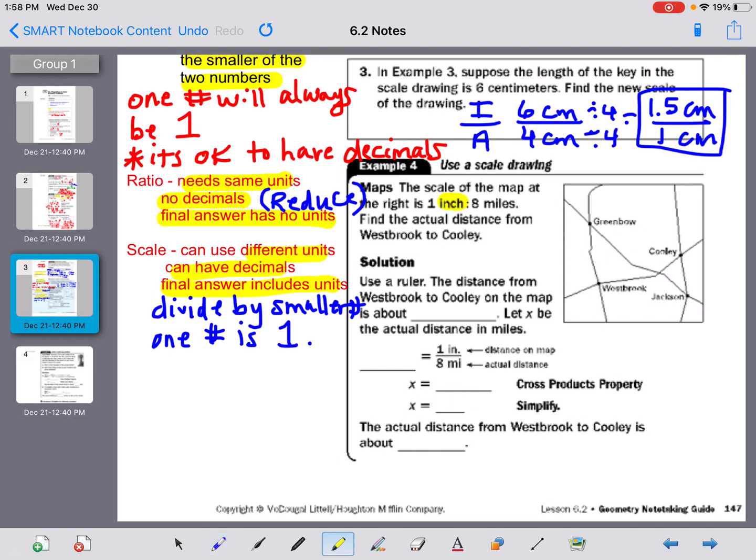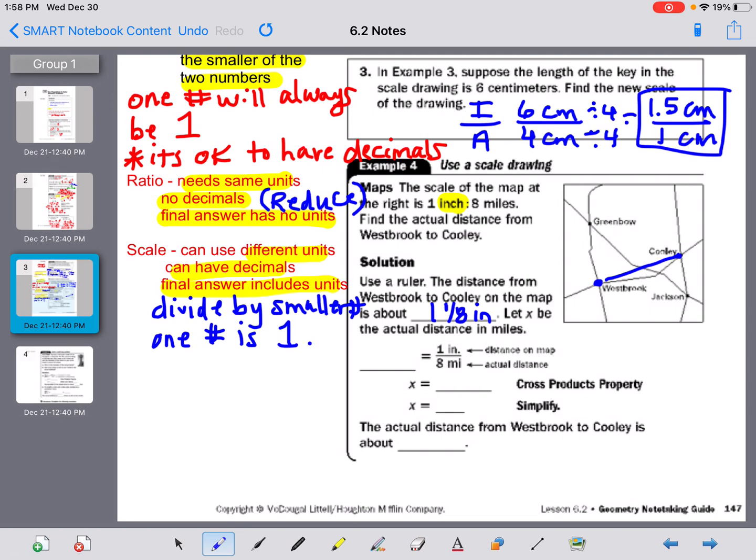Well, because my scale is in inches, I need to use the inch ruler. When you measure, you kind of have to go straight across. I'm going to tell you, I'm measuring about 1 1/8 inch.